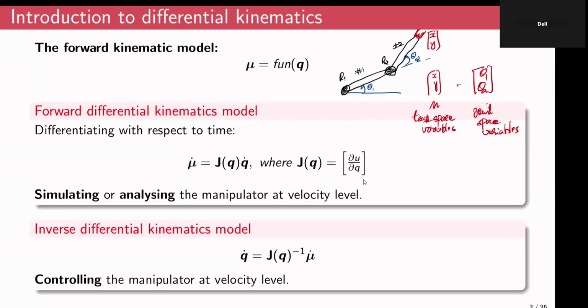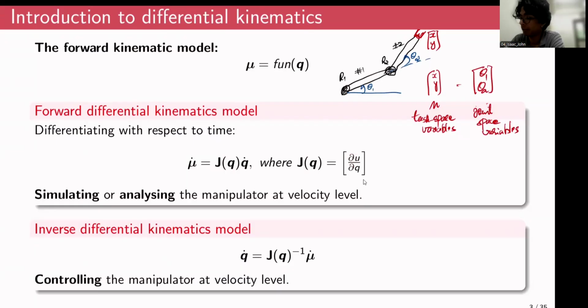For any arbitrary function, if you take the derivative with respect to time, you will end up with a matrix. We call it a Jacobian matrix, which is made by assembling the partial derivatives of mu with respect to q.